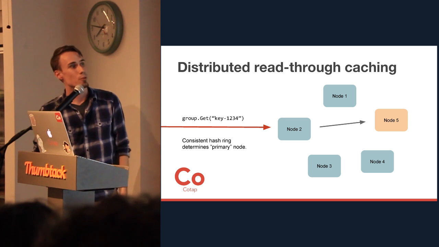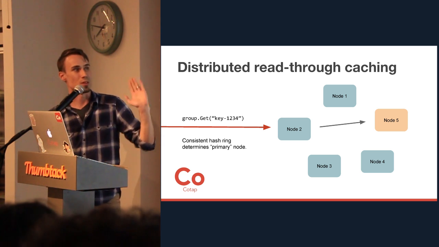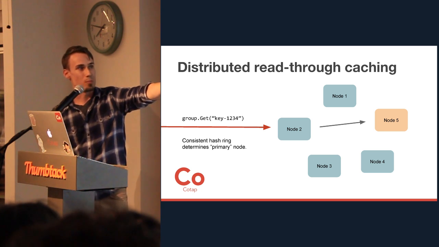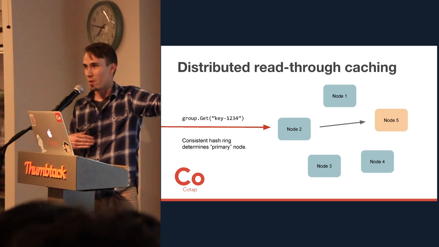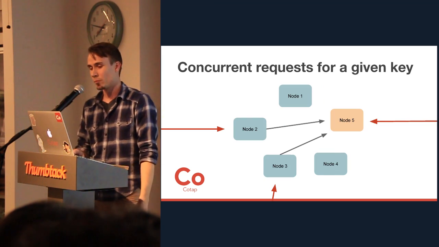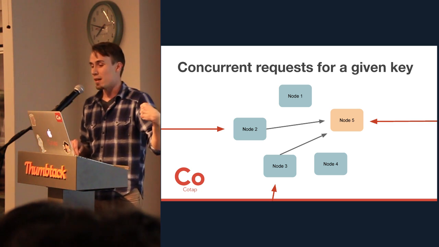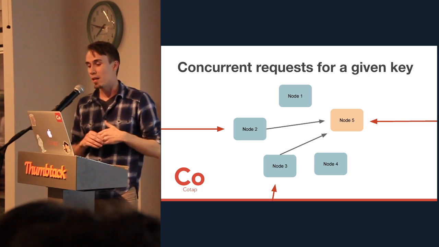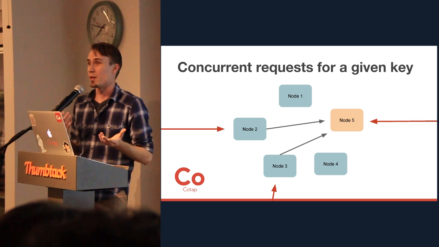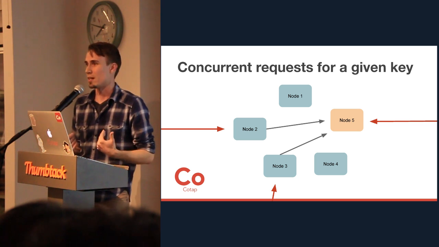If you have a cluster of Groupcache nodes, you have a request coming into node 2. The consistent hash ring says that item is on node 5. It'll go to node 5 and fill that cache request if it's not in the cache already, and then return the item to the user. Again, if you have concurrent requests for a given key, they all go to node 5. And the way that Groupcache is set up, all of those requests simply block and wait for that cache fill to happen, and the data is simply returned to all the clients when it's ready.